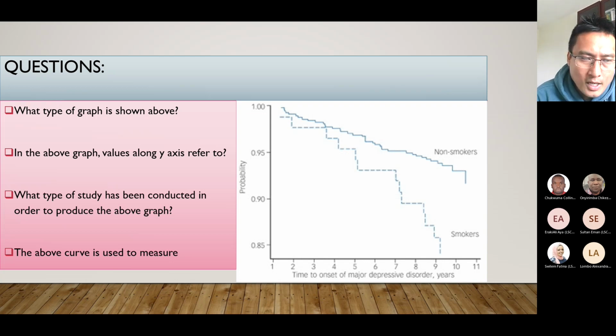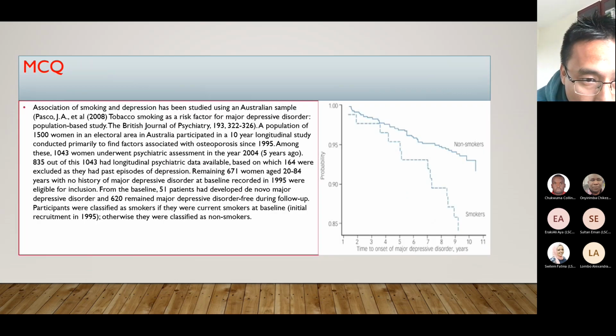Let us try to find out what survival they are looking for. Just go to the last one: 160 remain major depressive disorder free from follow-up. So there's something related to depression and something related to free.